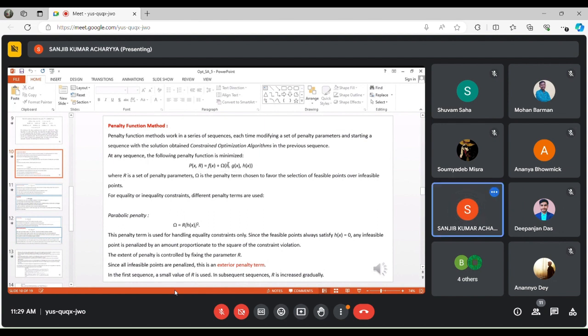I require one suggestion, or rather, what is your opinion? When it is an exterior method and the point is infeasible, what will be our urge? To increase the priority of satisfaction level of the constraint or not? Yes, sir. But when we are using the interior method, initially we are well away from the boundary line.